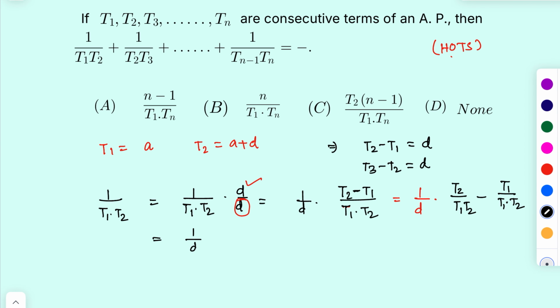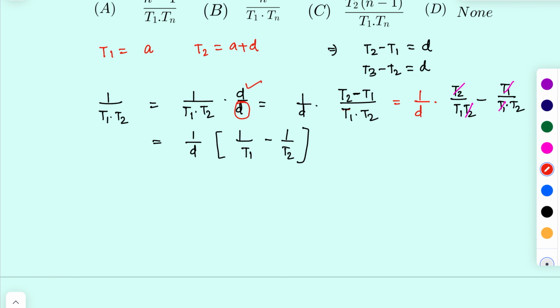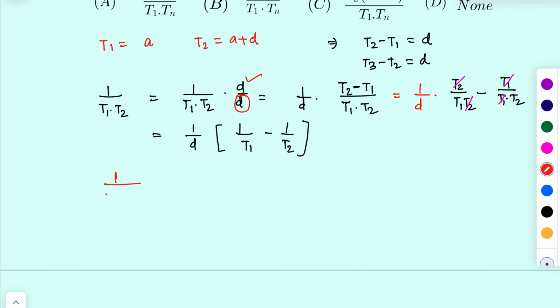So this is equal to 1 by d into 1 by t1 minus 1 by t2. This t2 will be cancelled out, t1 will be cancelled out. That means what we got, 1 by t1 into t2 can be written as 1 by d into 1 by t1 minus 1 by t2.